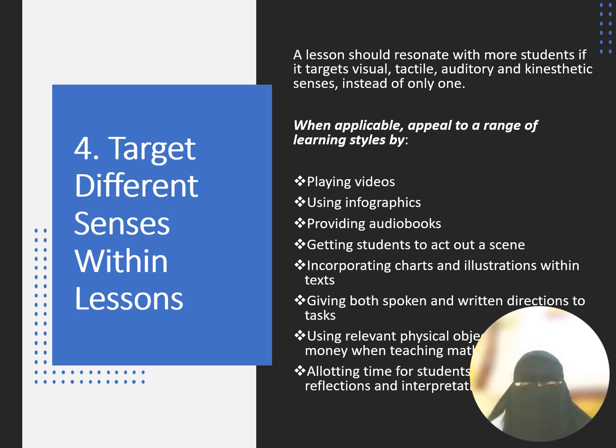We can use different physical objects to teach so that the children can actually feel, they can touch. You don't teach in abstract all the time. So whenever it is possible to integrate concrete objects, let's try to do that as much as possible. And then we should also allocate time for students to reflect and interpret whatever we've taught them in the classroom.